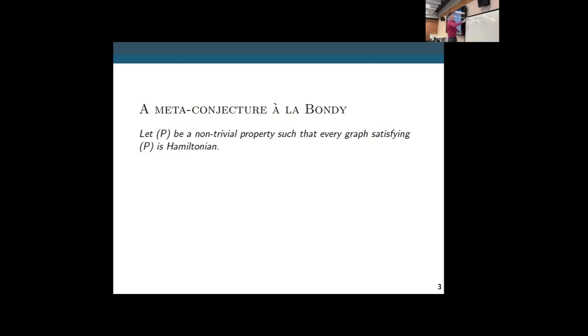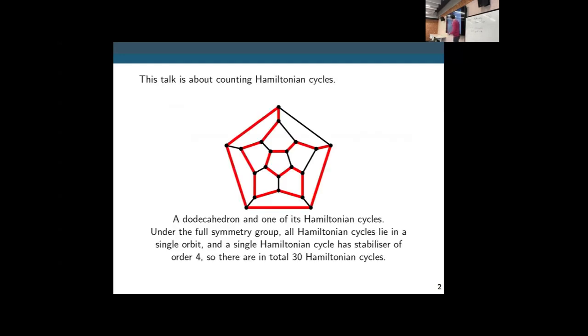Now, Bondy's meta conjecture states that if this is true, then P actually implies that G is pancyclic. That means there exists a k-cycle for any k. Hamiltonian just means there is an n-cycle. n is always the order for me, the number of vertices. So there is a cycle for all of the vertices. But Bondy says, if your property gives you this, it actually will already give you pancyclicity.